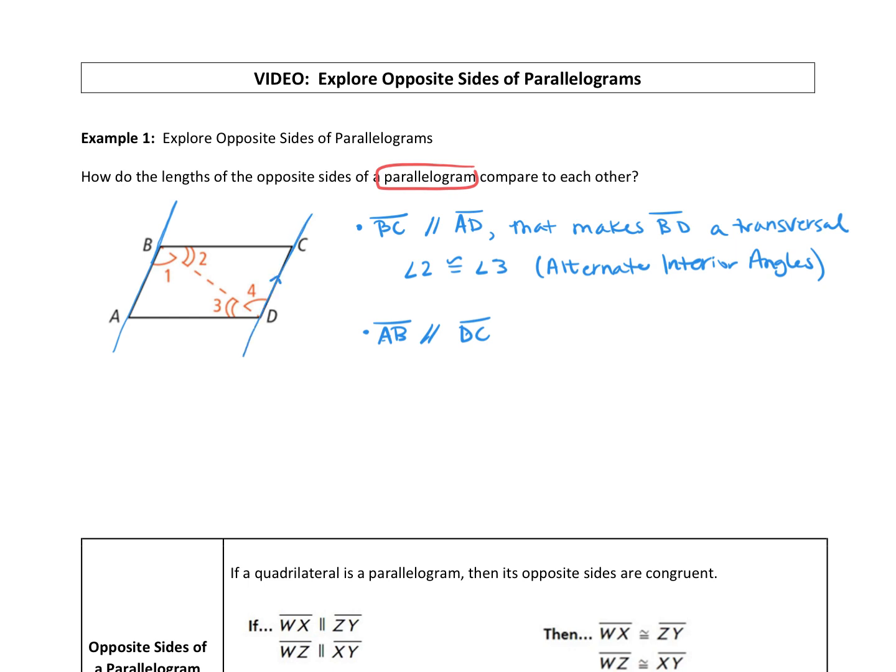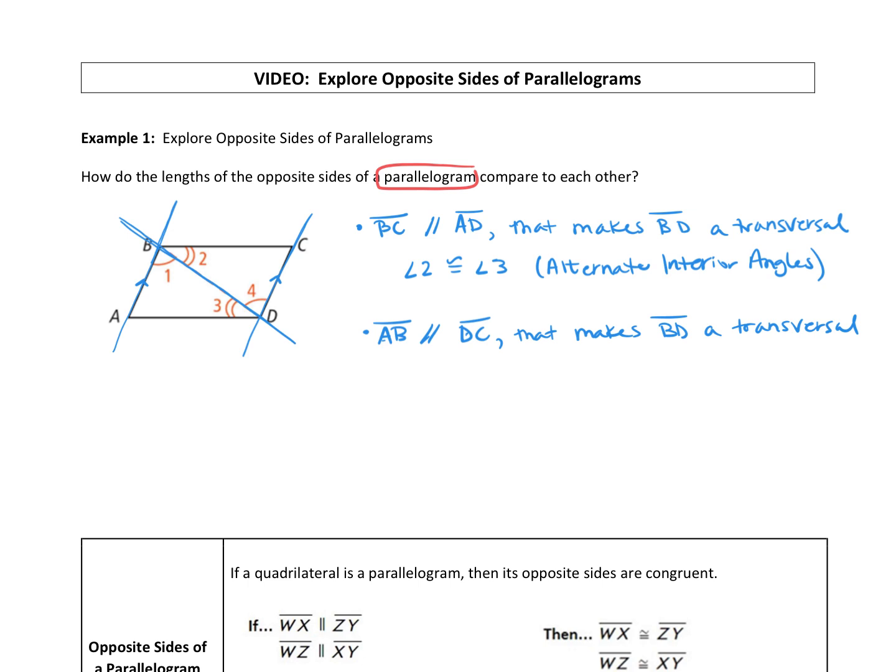These are parallel. That BD, again, is a transversal cutting through parallel lines. So when AB is parallel to DC, that makes BD a transversal. And when you have parallel lines cut by a transversal, you create angle pairs, and a lot of these angle pairs will be congruent. The other angle pairs will be supplementary.